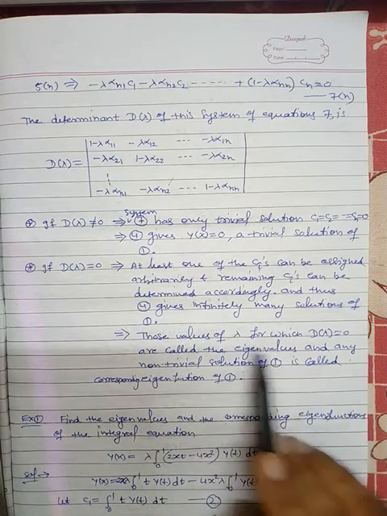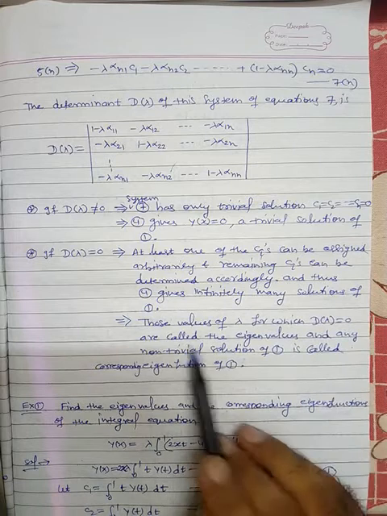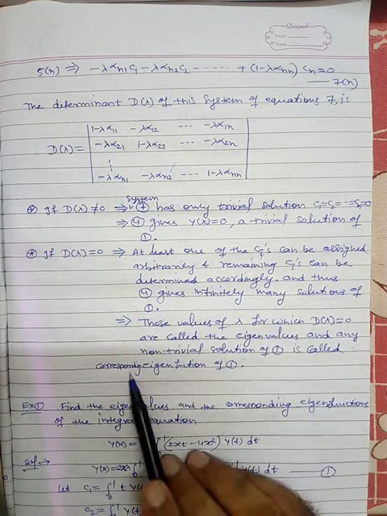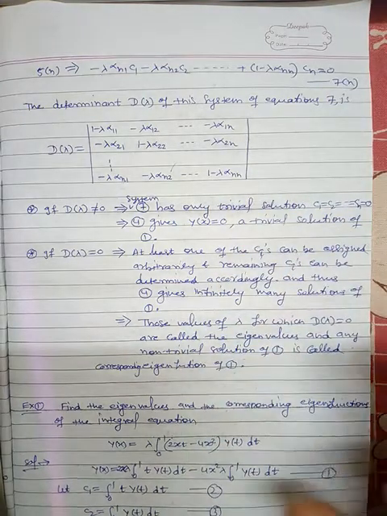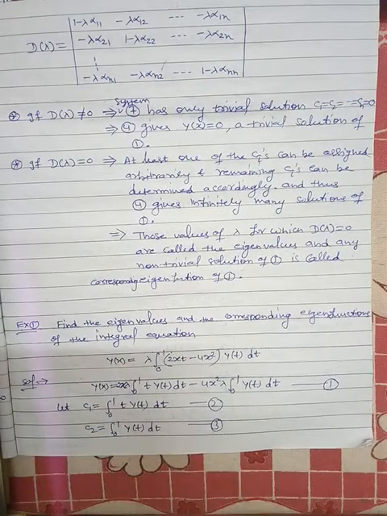Thus the values of lambda for which D lambda is equal to 0 are called the eigenvalues, and any non-trivial solution of 1 is called the corresponding eigenfunction. So this is the procedure. I think you understand now. Let's see how to apply this. So we have taken this equation.